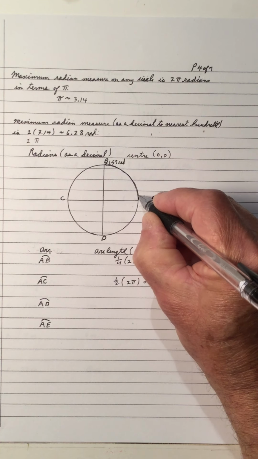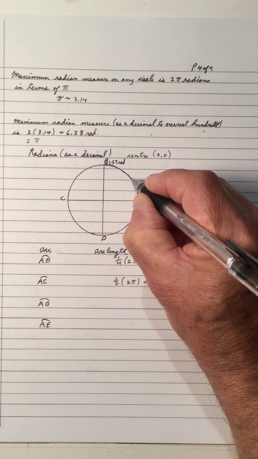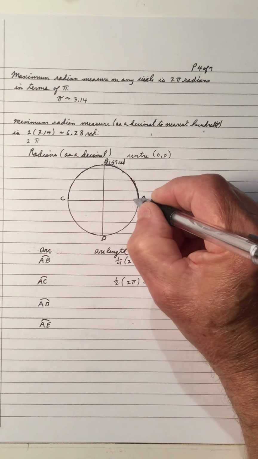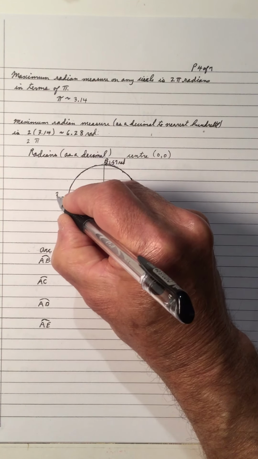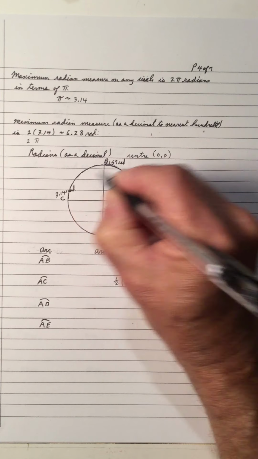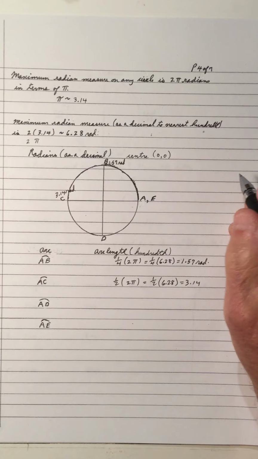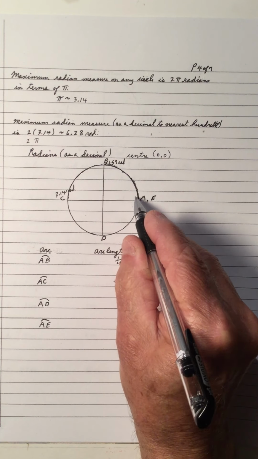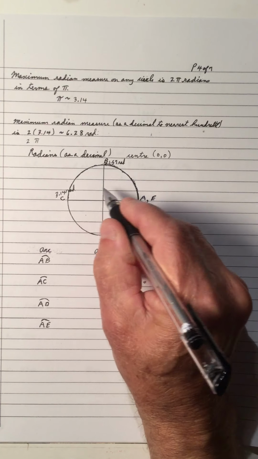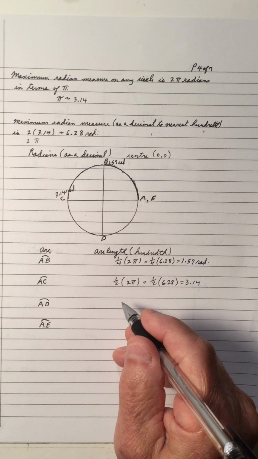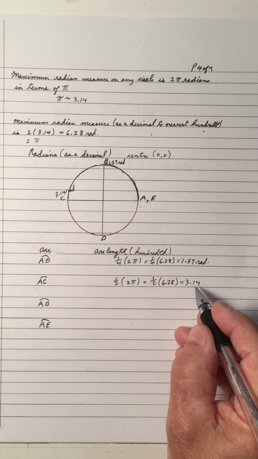So the radian measure of AC, which is all the way over to here, is 3.14 radians. No matter what the radius of the circle is. If this circle had a radius of 10, then this length of the arc is 10 times bigger, and when you divide, the radii cancel out.